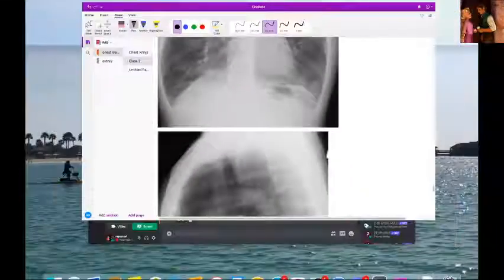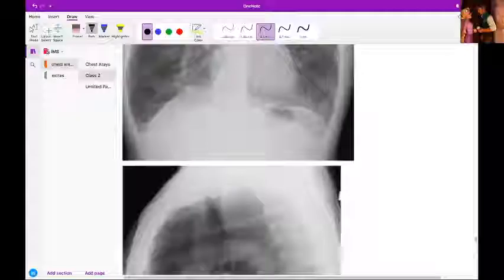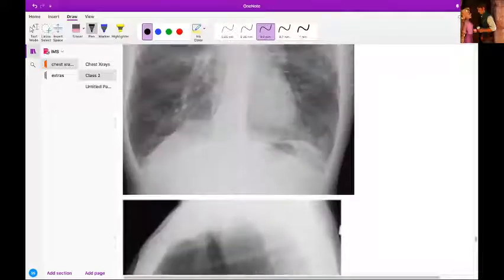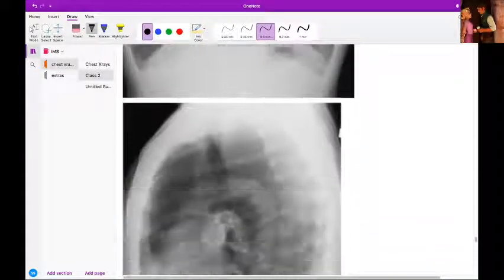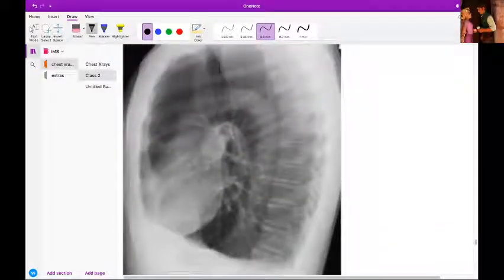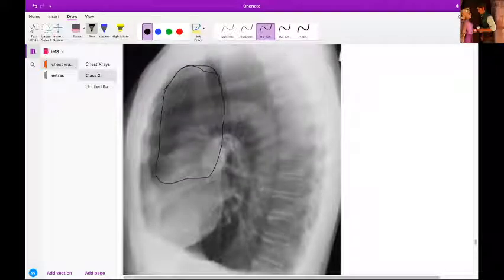This is the lateral view of the same X-ray. You can see more properly in this one the increased translucency in the upper lobe, right? Are you guys able to appreciate that?